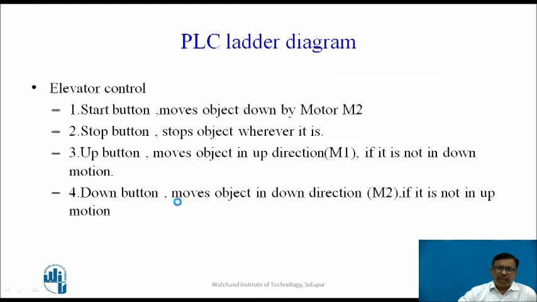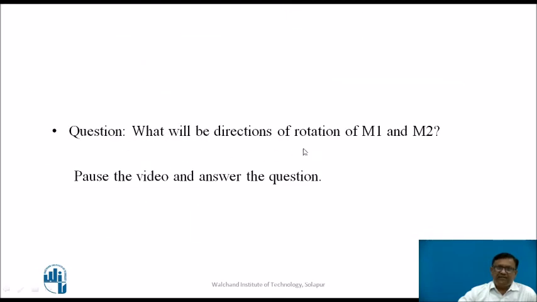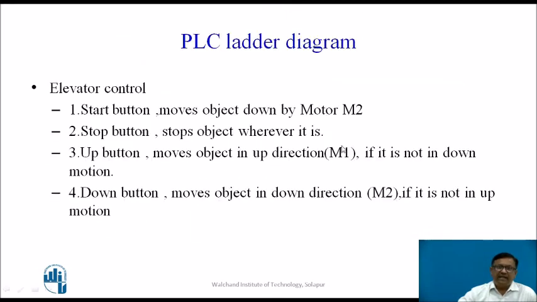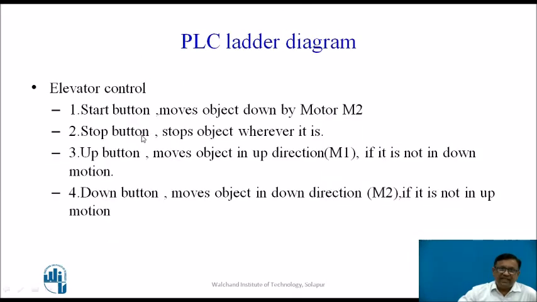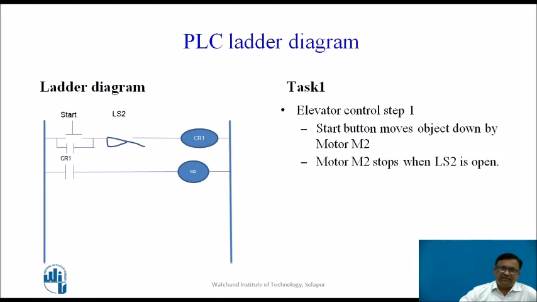Keep in mind, motor M1 is used to move the object in the upward direction. That means it should rotate in the clockwise direction. So motor M1 clockwise and motor M2 anti-clockwise. That's all. That is the answer to the question.